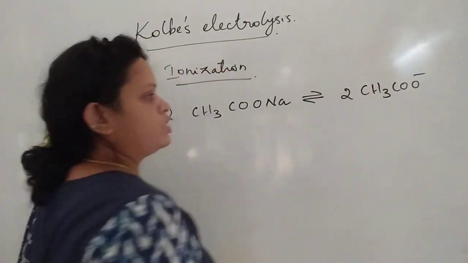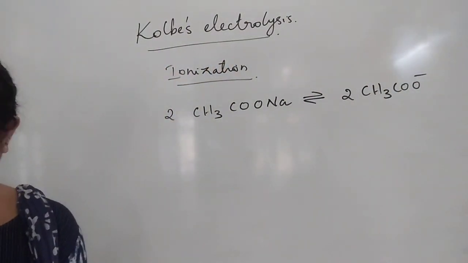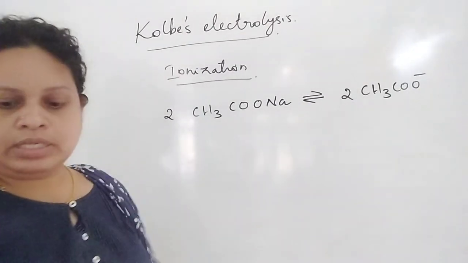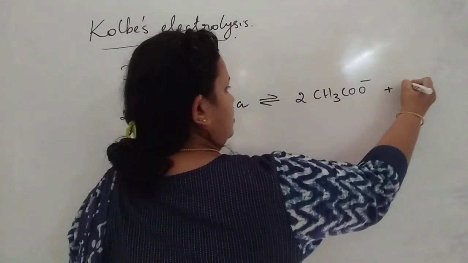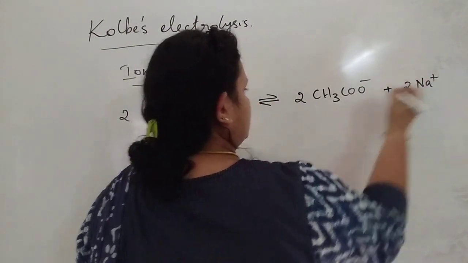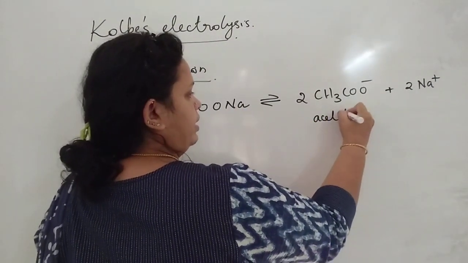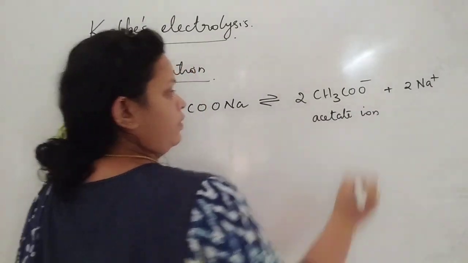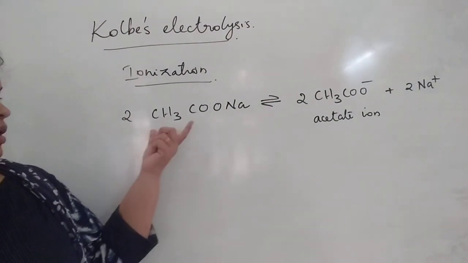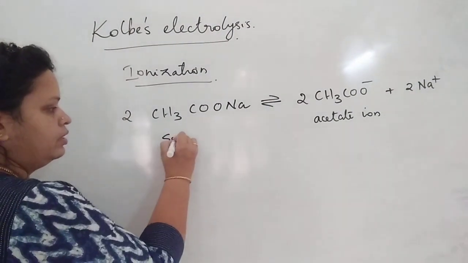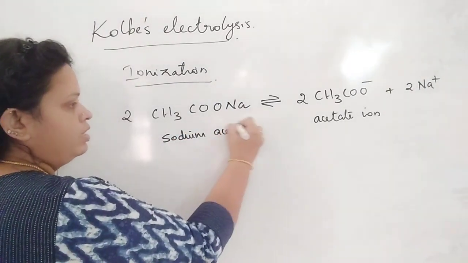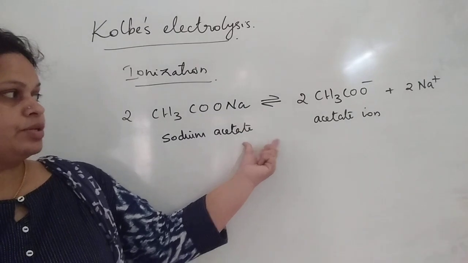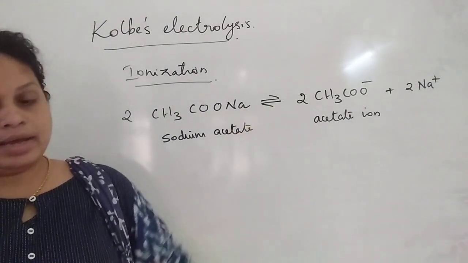So it becomes 2 CH3COO minus, that is the acetate ion, plus 2 Na plus. So in the first step, sodium acetate undergoes ionization to give acetate ion and Na plus.